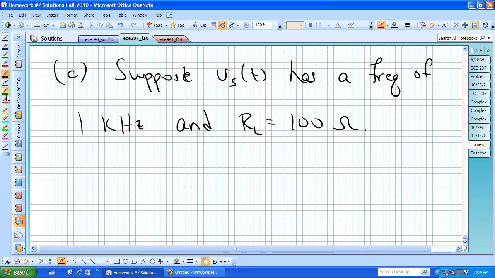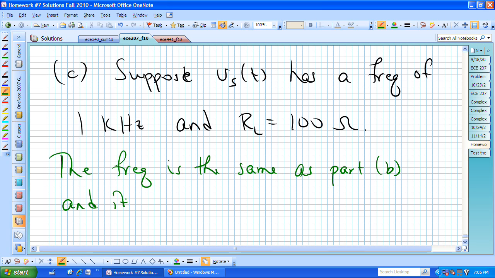Because our frequency is the same, we shouldn't expect any change there, and so we should be well within our full power bandwidth. The frequency is the same as in part B, and it is well within the full power bandwidth.